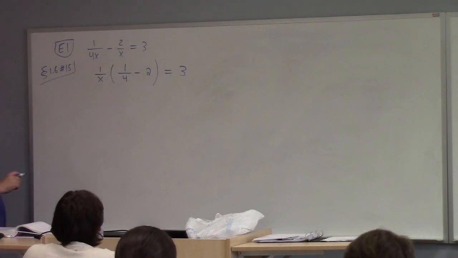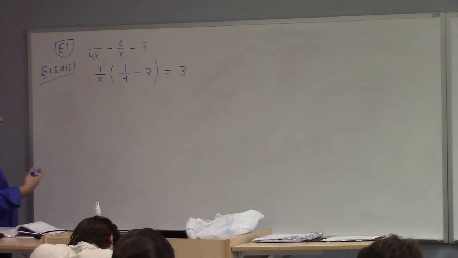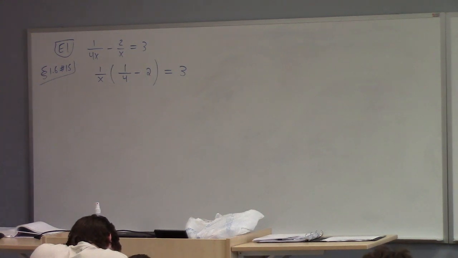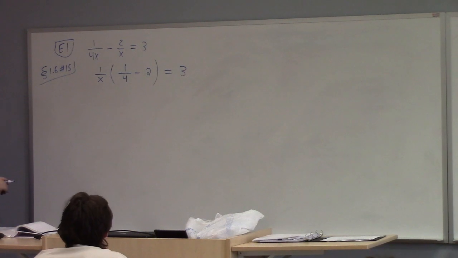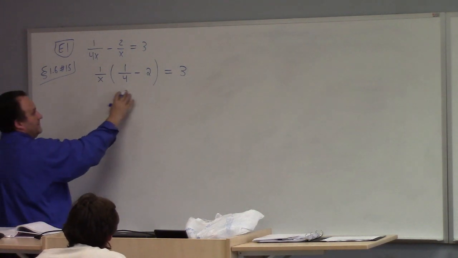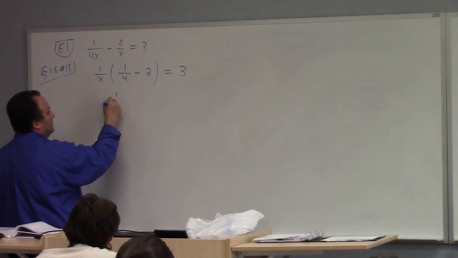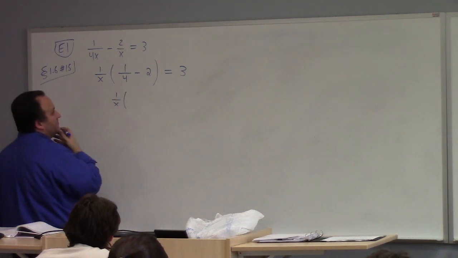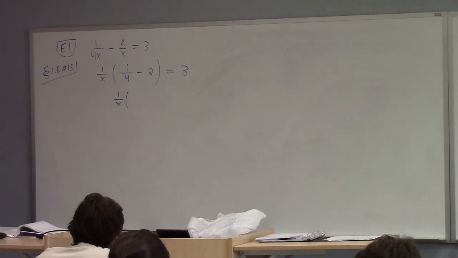I just say we could factor out 1 over x because I've got 1 over x times 1/4 and then 1 over x times minus 2. So if I do that, that gives me 1 over x times, how many quarters is 2? 8, right? So 1 minus 8 is minus 7/4.